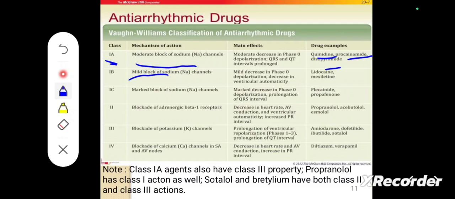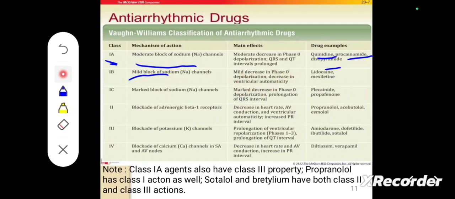Next subclass of class 1, class 1B, that is the mild sodium channel blockers. They block the sodium channels in the inactive state and possess potassium channel opening properties. Remember these points. Since class 1B has the property to open the potassium channels, they decrease phase 0 depolarization and also decrease ventricular automaticity.